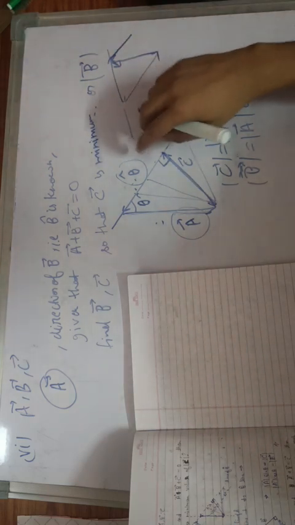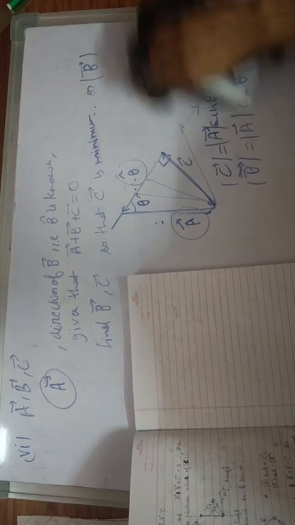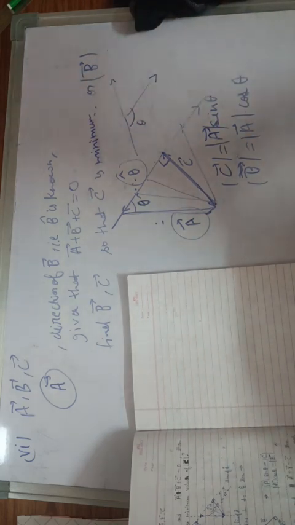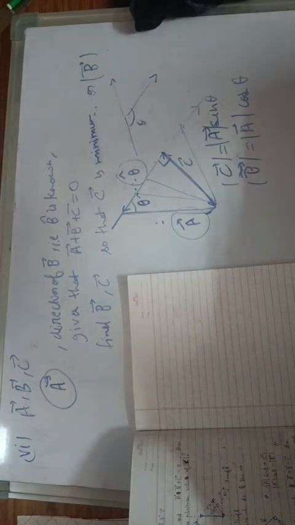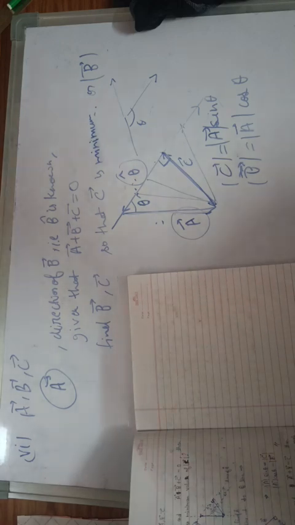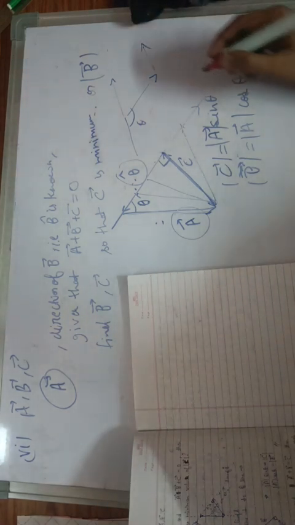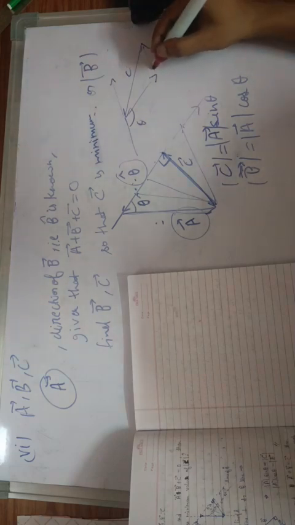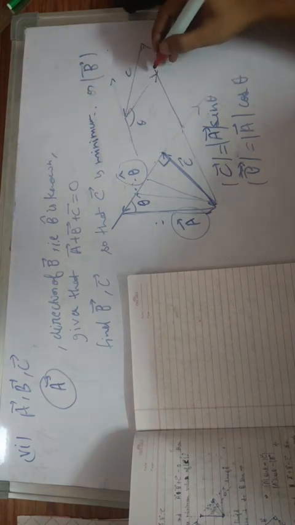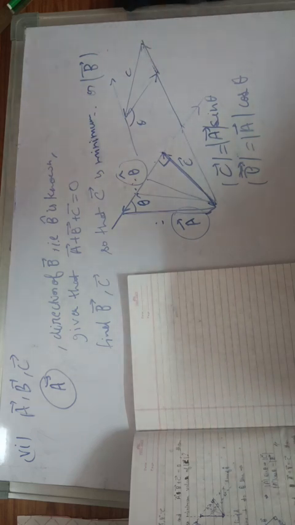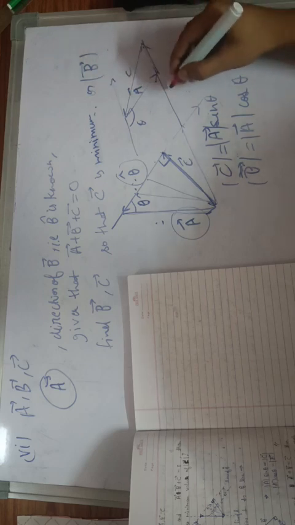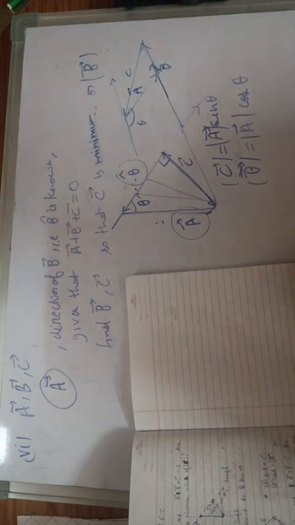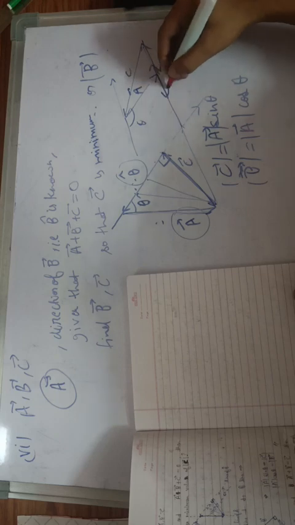Now if B vector is in this direction and A vector is in this direction, this is the angle between them, let's say theta, and we want to find an angle A vector C such that it gives again a 0 value. So we will draw it like this. We will draw a line from this point, and this will become a vector and this will become the B cap in this direction.